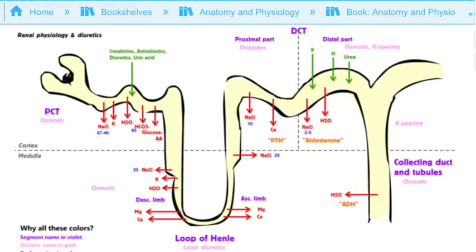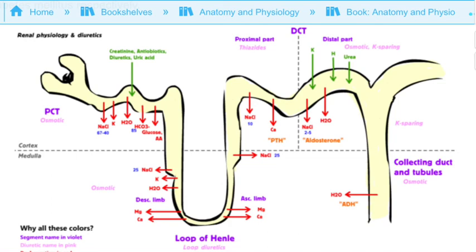So finally, this is an overview of the reabsorption and secretion that occurs at the nephron unit, and also the site where the diuretics act. If we look at the proximal convoluted tubule, the osmotic diuretics like mannitol and glucose act here, while at the loop of Henle, loop diuretics act.